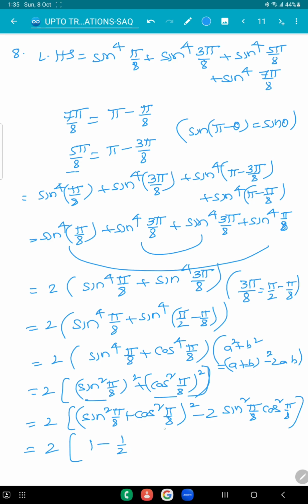As multiplication and division by 2, it becomes 4. 4 can be written as 2 square, 2 sin pi by 8 cos pi by 8 whole square. So that is equal to 2 into root of 1 minus 1 by 2 times sin 2 theta, right?